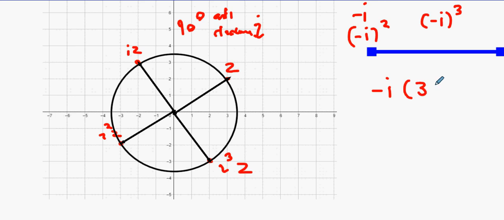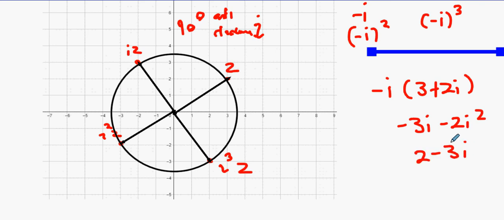What's minus i times 3 plus 2i? Minus 3i, minus 2i squared, and then 2 minus 3i. Alright, so far, multiplying by minus i has sent this in a clockwise direction of 90 degrees. So far, it looks like that assumption actually works.